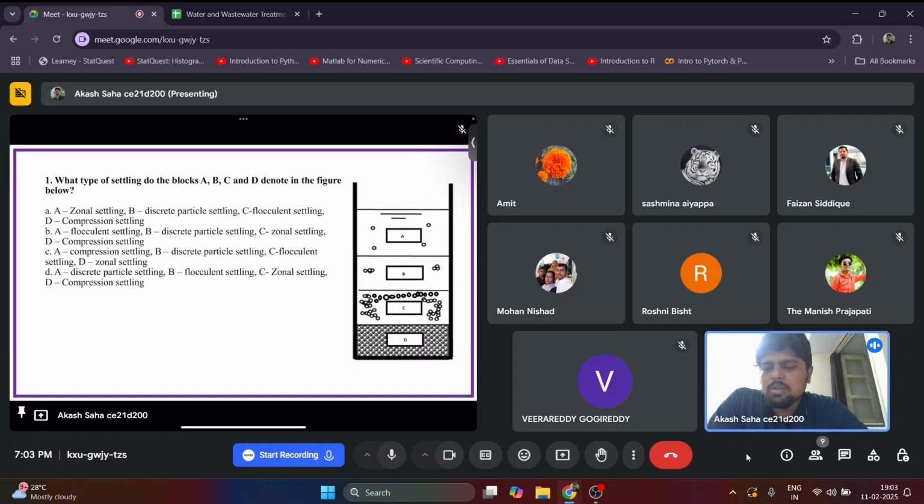Go through the options: zonal settling, flocculent settling, discrete particle settling, and compression settling. Based on your knowledge, please try to answer. It is very direct. Then we will discuss each of the settling types one by one, just roughly, not in full detail, because every detail is given in the week's content. You can go through it.